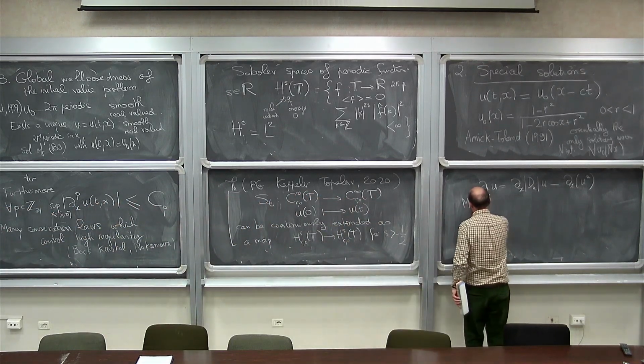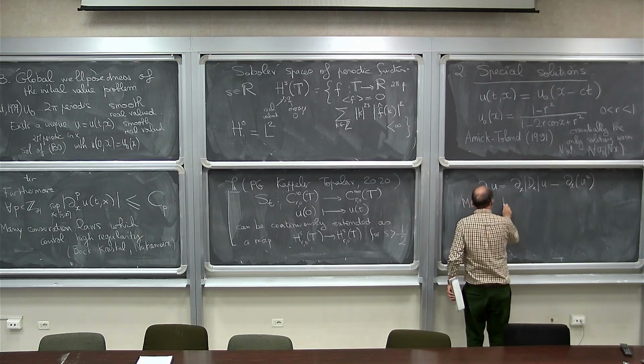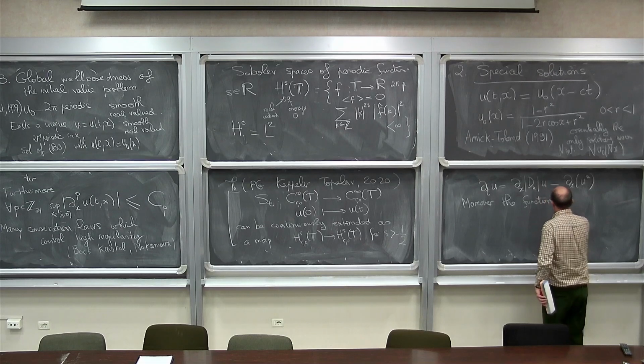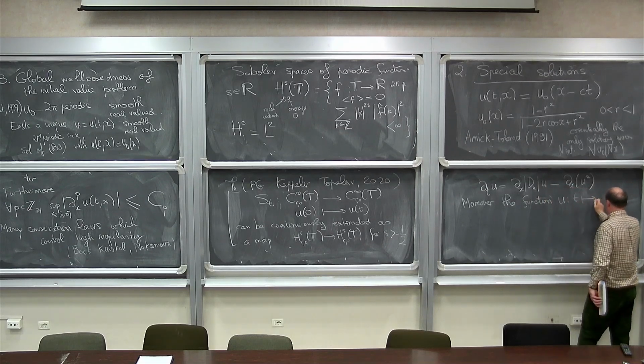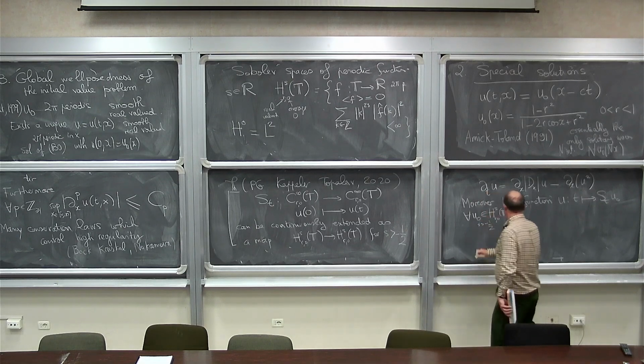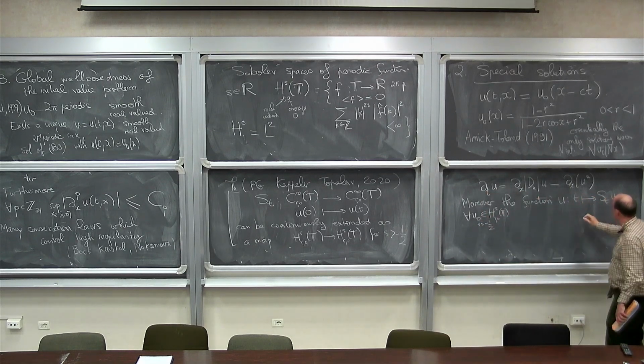Moreover, the trajectory u, which sends t to S^t(u0), for every u0 in H^s_0(T, R) and s bigger than minus a half, is a function from the line to some Hilbert space.